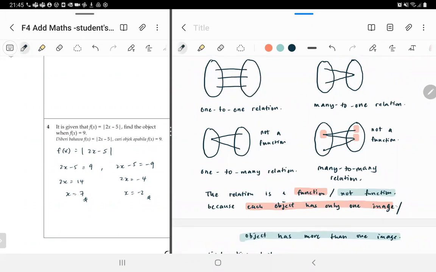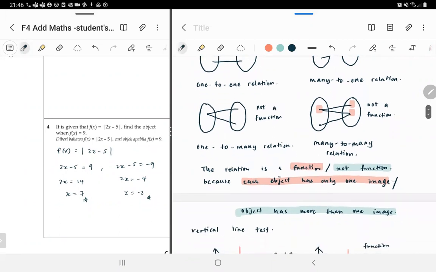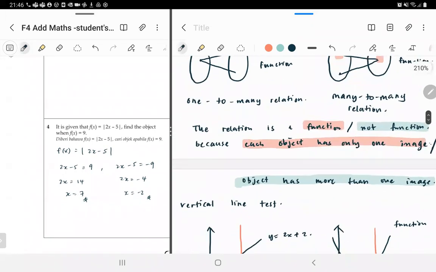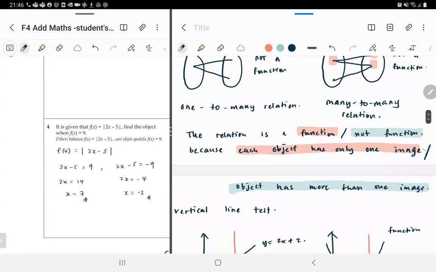If you produce two products at the same time, then it is not a function. The proper way to say it is: the relation is a function because the object has only one image. The relation is not a function because the object has more than one image.